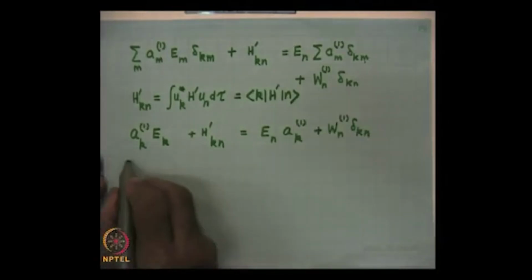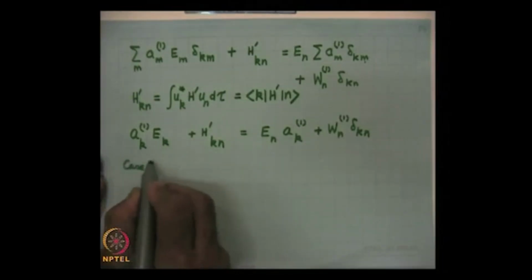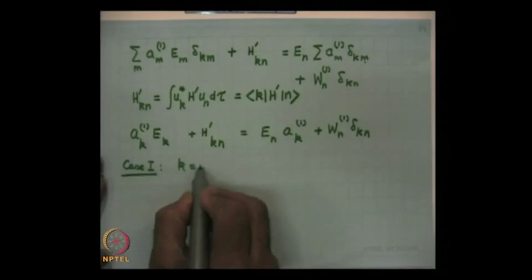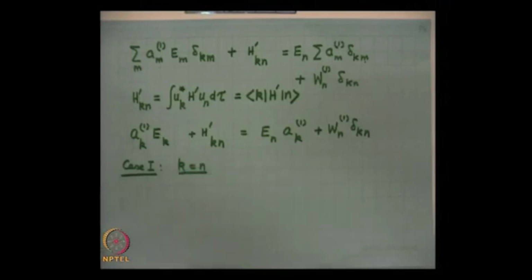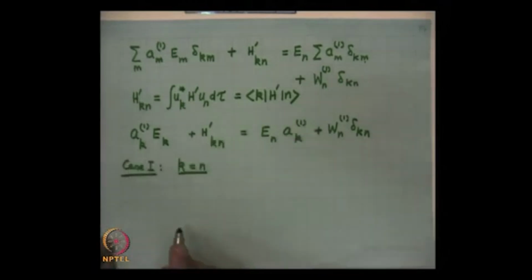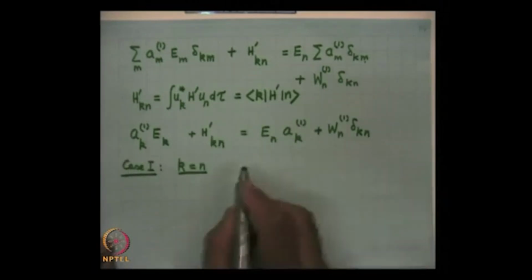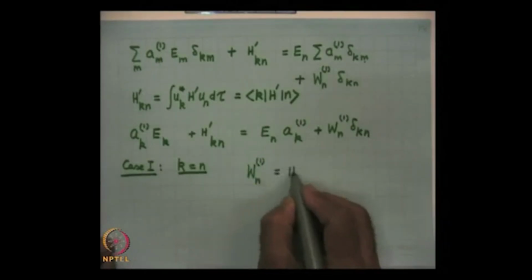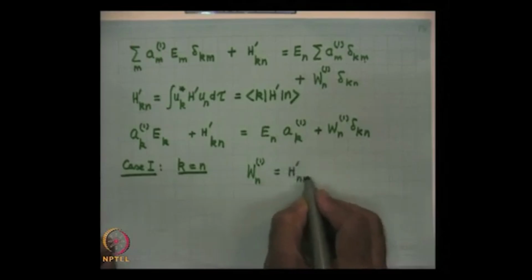So, case 1, if I assume that k is equal to n, that I multiply by u n star only, this term and this term cancel out, this becomes 1, and then W n 1 becomes H prime n n.